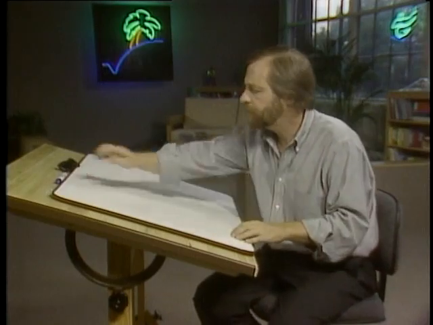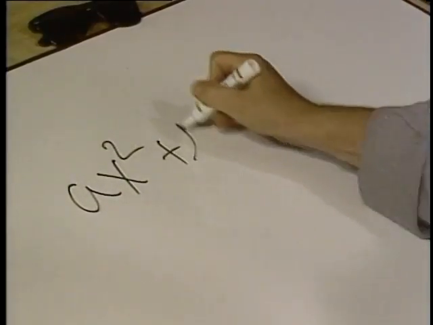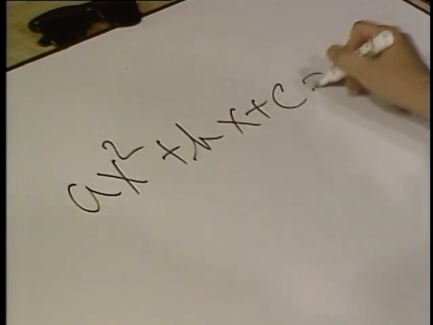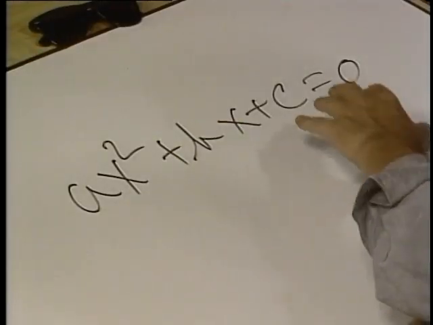Now, we've been looking at a specific quadratic equation. Here's a general quadratic. It's ax squared plus bx plus c equals 0. We've replaced the specific coefficients with the letters a, b, and c. These represent real numbers.